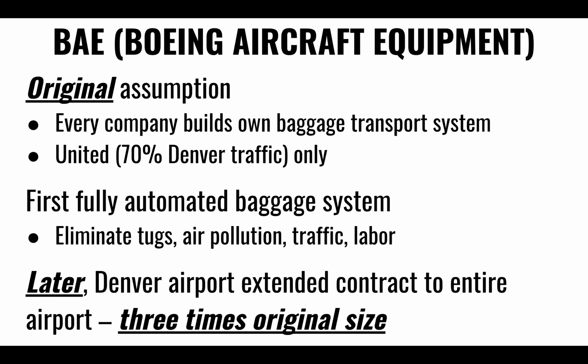The original assumption was that it was going to be done only for United, which was the biggest airline in the airport. Eventually, it ballooned to include the entire airport, and so the project quickly grew to three times the original size, right? And folks underestimated what it meant to deal with three times the size.